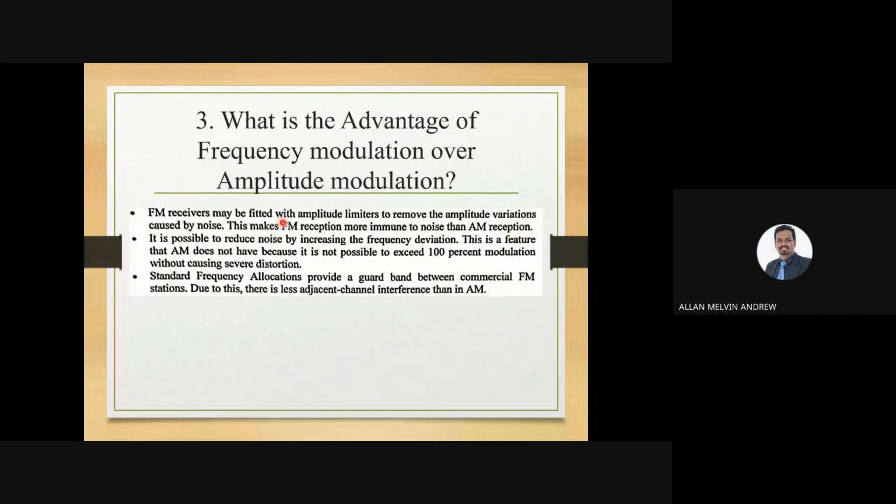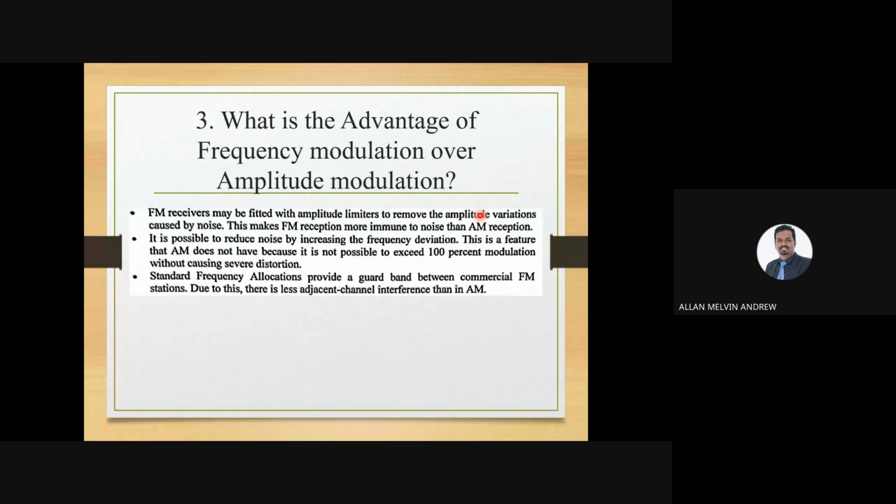That is one advantage of frequency modulation over amplitude modulation, because amplitude modulation has a lot of noise, since it is varying the amplitude. But when you are varying frequency, you're actually varying something which is hidden. We cannot really see or observe a frequency difference unless you are very sensitive.